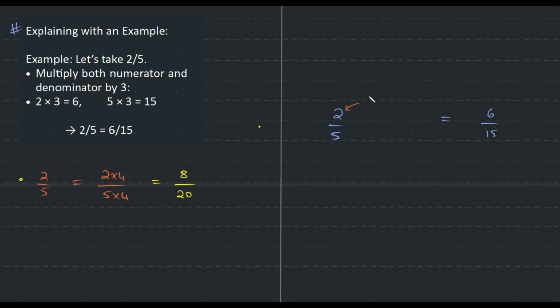By multiplying the numerator with 3 and the denominator with 3. Now, what is the logic behind it? Well, when I divide into 3, this means that we are further dividing each part into 3 more equal pieces.